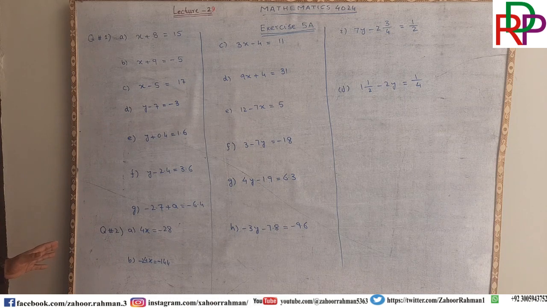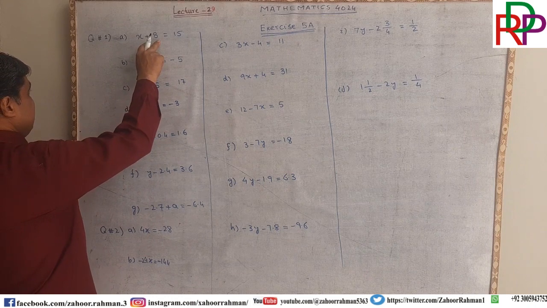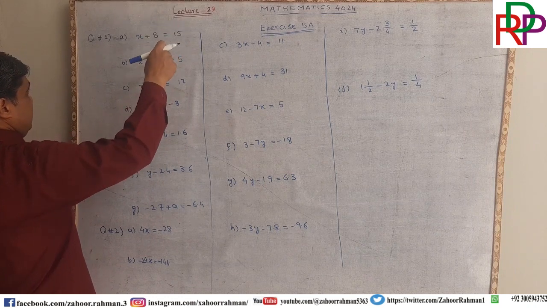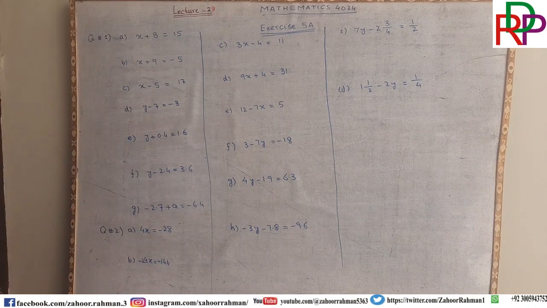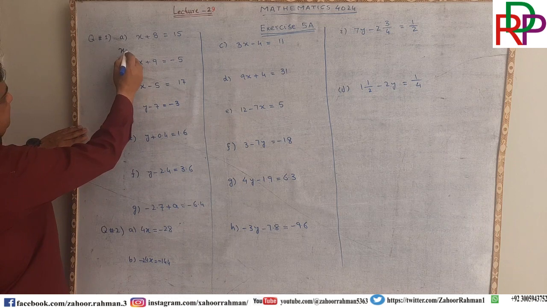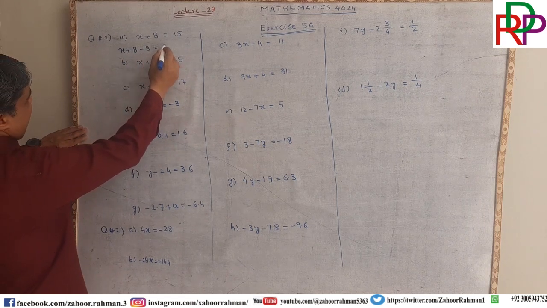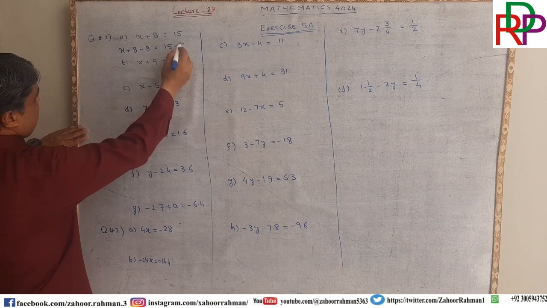So learn the technique. If plus 8 is on this side, when it goes to the other side, it will become minus 8. How? Like this: x plus 8, so we have to subtract 8 from both sides.